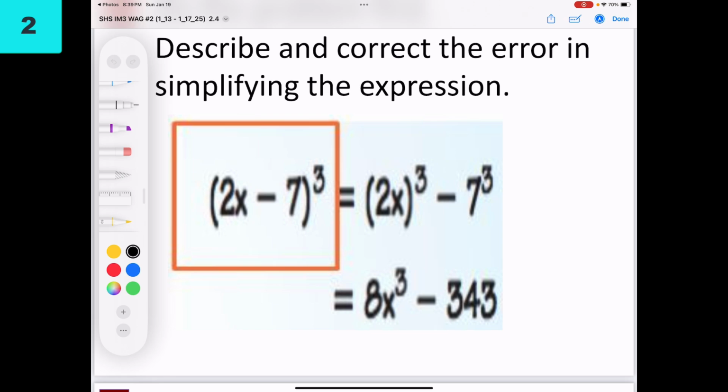Okay, so let's try this problem out. Basically, that third power means you have it written out 3 times. All right, let's go ahead and multiply these two here.